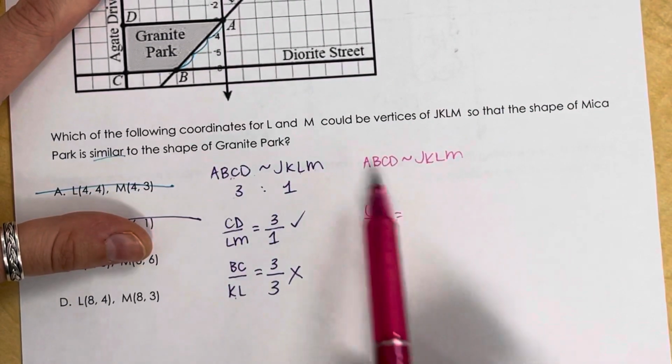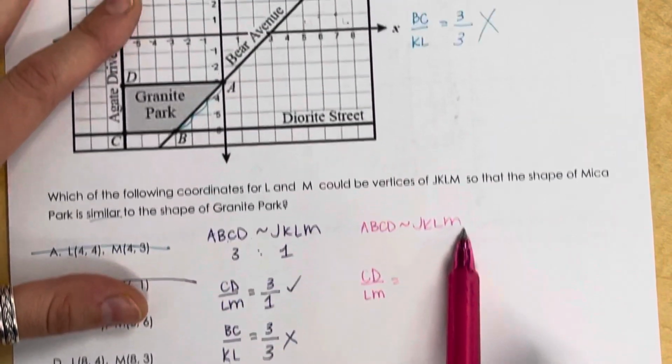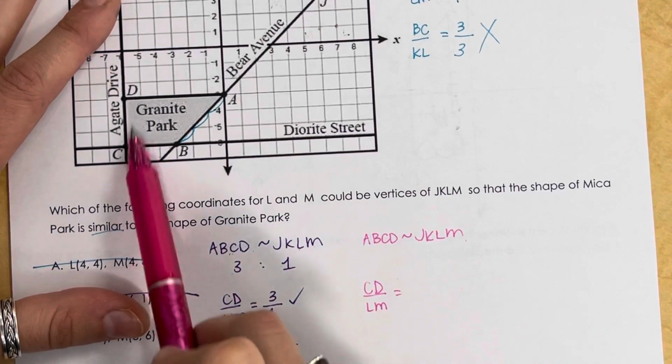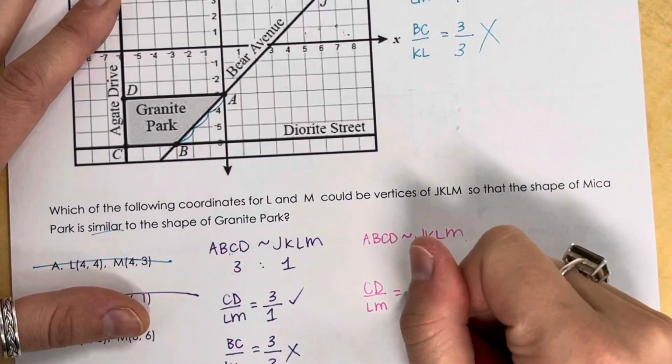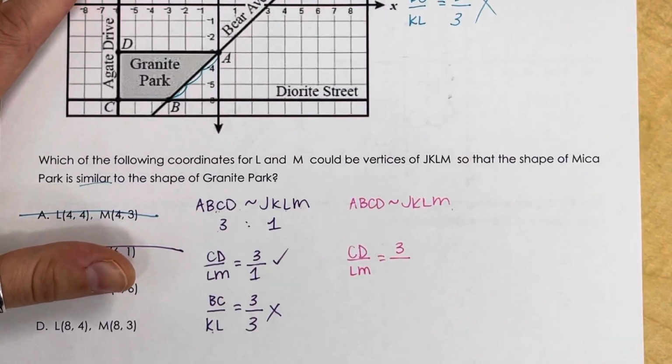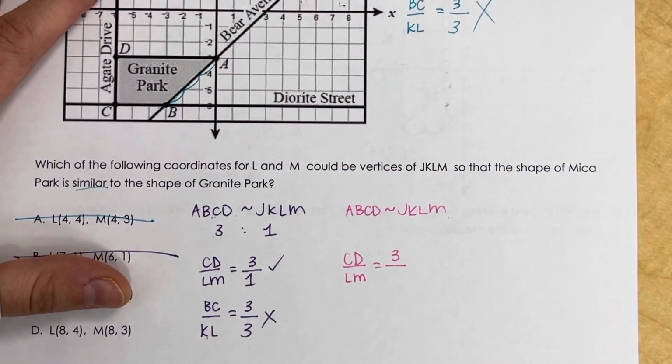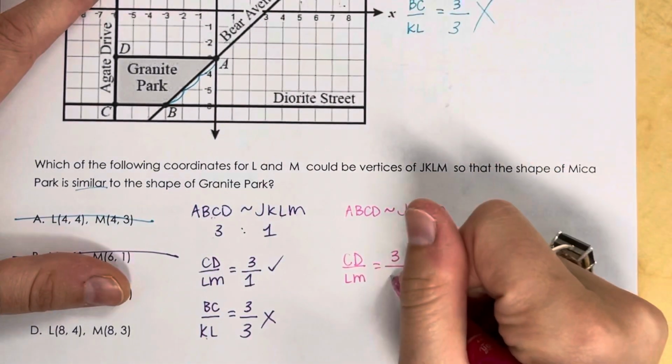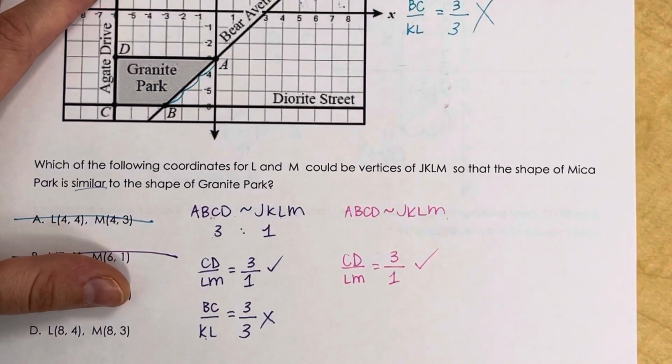So the first one is CD matches with LM. So CD hasn't changed, it's still 3. LM is 1. So, yep, that one looks like it works.